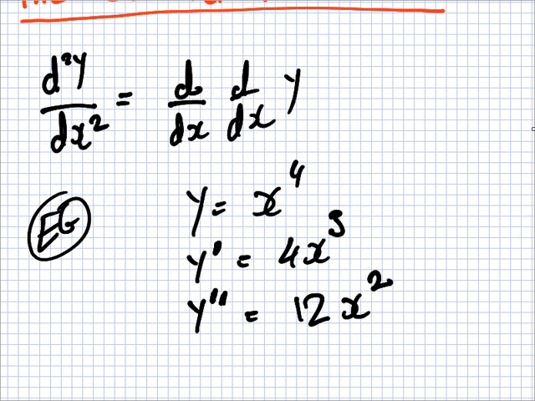Okay, so there's nothing too special about the second derivative in finding it. But what's interesting about the second derivative is what you can use it for. So we'll have a look now at what exactly is the meaning of the second derivative. Okay, so I'll just scroll down a bit here.